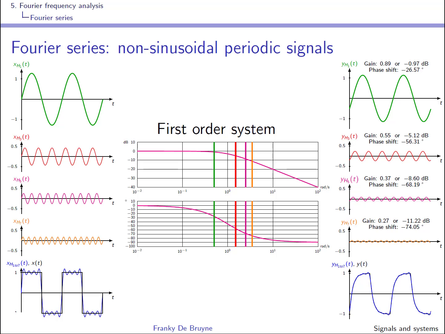Okay, you obtain the response of this signal in blue. And you see that you obtain quite a good approximation of the actual response to the square wave. Because this square wave is of course composed of 9th, 11th, 13th order components, but these frequencies will be higher and they will get attenuated more and more, so that you don't see their effect in the response.